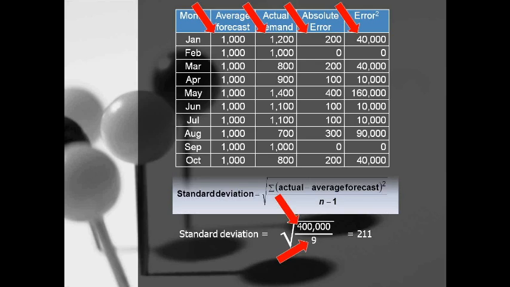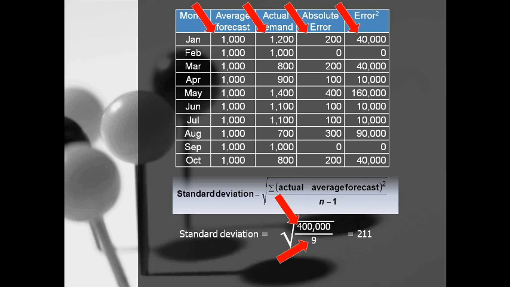In this case here, n minus 1 is to maintain the statistical validity of this because we don't have a lot of data points. Here's the way that works. If you have 30 or more data points, you use the total number of data points. If you have less than 30 data points, you use the total number of data points, in this case 10, minus 1.